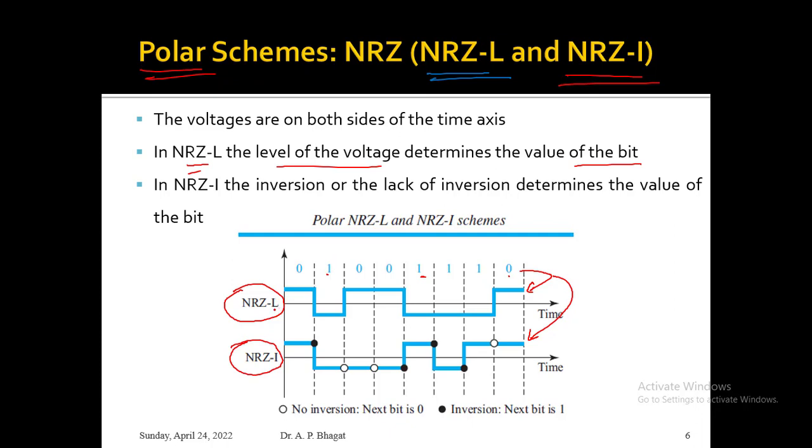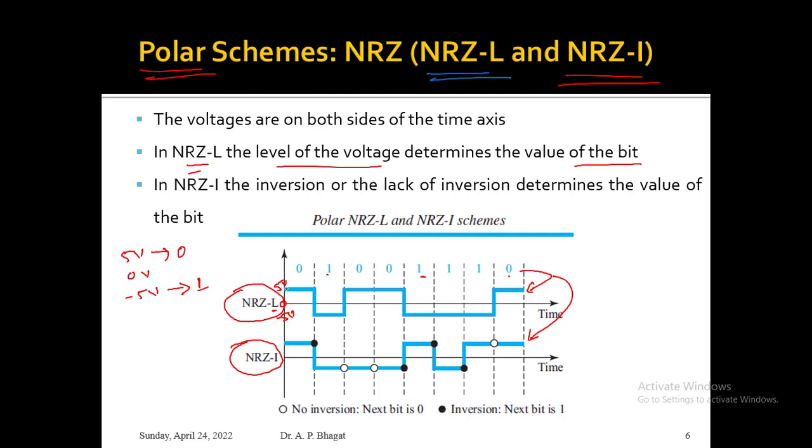In NRZ-L, if I'm considering again 5 volt, this is your 0 volt, and this will be, just for example, minus 5 volt. So in case of NRZ-L, how many voltage levels are there? Just for example, 3 voltage levels: 5 volt, 0 volt and minus 5 volt. The higher voltage level is used to represent the data bit 0, while the negative voltage level, minus 5 volt, is used to represent the data bit 1 in case of the NRZ-L scheme.